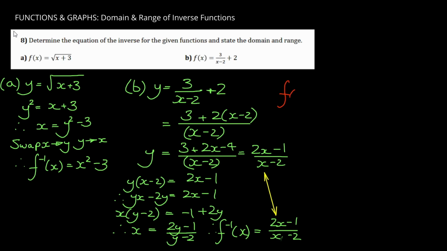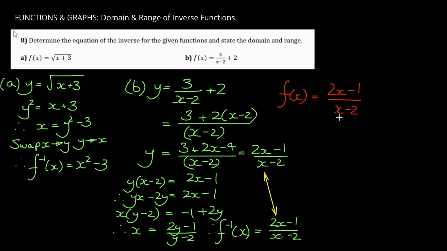So we've got that f(x) is equal to 2x minus 1 over x minus 2. Now, how should we restrict x in this expression? In other words, restrict the domain to stop this expression going crazy.